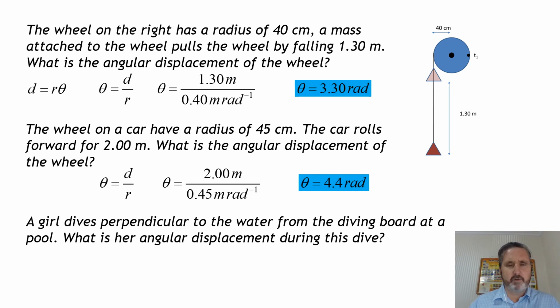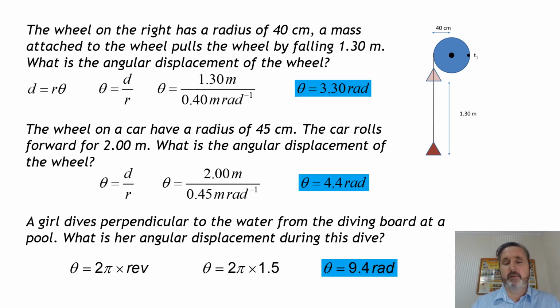I thought this said that she did a somersault. If she did a somersault, which I'm assuming here, then her revolutions will be 1.5 revolutions. So her angular displacement is 9.4 radians. If I was wrong and she didn't do a somersault, then it would have been 0.5 revolutions times 2 pi, which ends up giving us 3.14, or just pi.